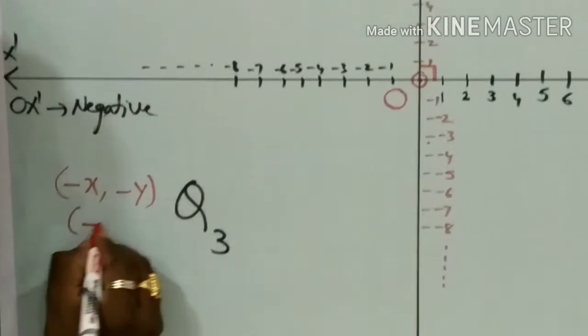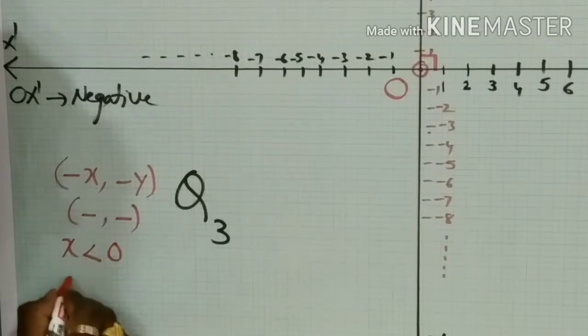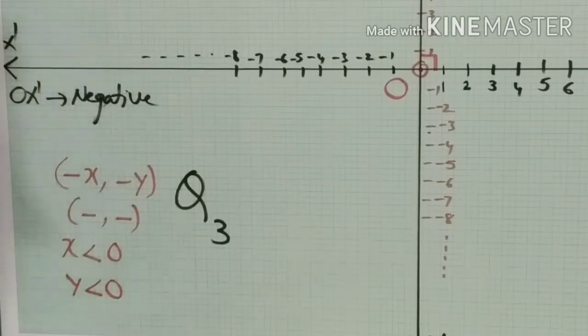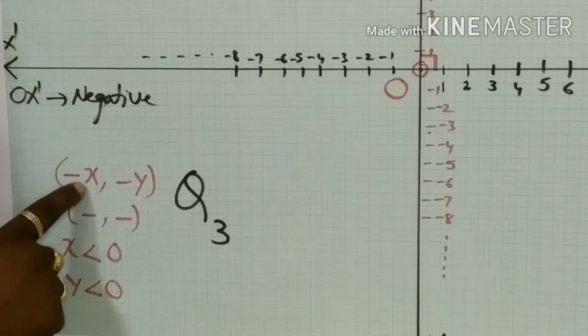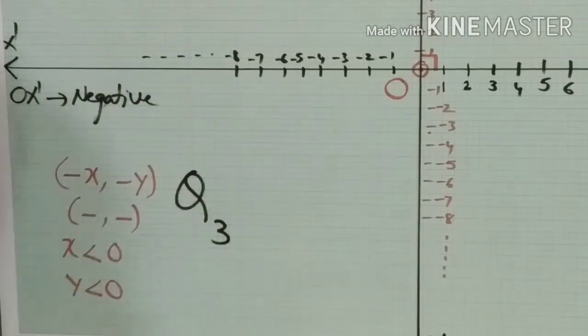So x values are less than 0 and y values are also less than 0. If any point is located like this, with both minus, the point lies in the third quadrant.